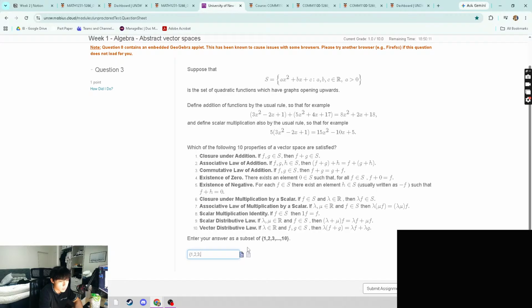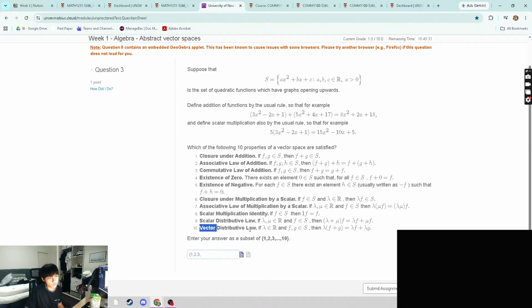Closure under multiplication by a scalar, definitely not, because just a negative scalar will break it, because a scalar that's smaller than 0 will force a to be smaller than 0. 7 probably doesn't. Okay, so only 1, 2, and 3, to be honest.